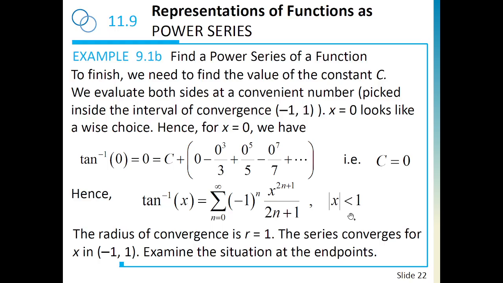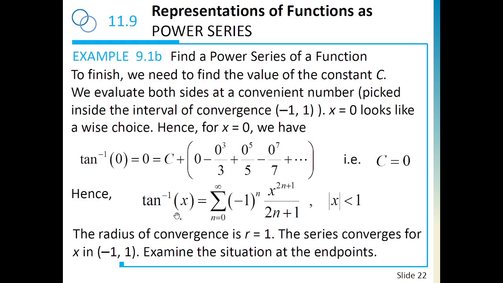So now the only question is, what's happening at the endpoints? What's happening when x is equal to 1, and what's happening when x is equal to -1? So maybe these two points are included, maybe not, maybe one of them, I don't know, I need to check. Okay, now tan inverse is defined everywhere, so we don't have an issue. But if we have a function that is, let's say, not defined at x equal 1, there's no point of checking anything at x equal 1.